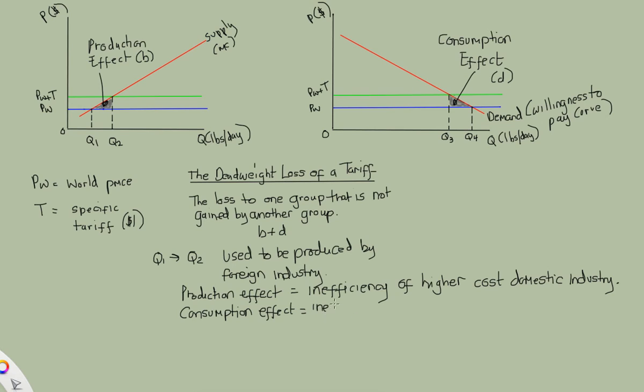So that's the inefficiency associated with stopping the consumer, preventing the consumer from buying units of the good that they're willing to cover the cost of.